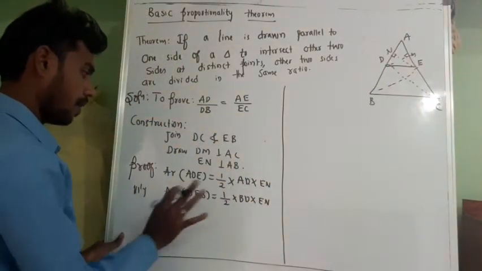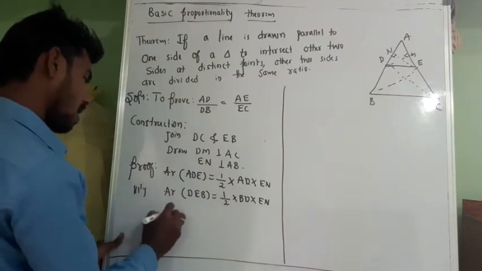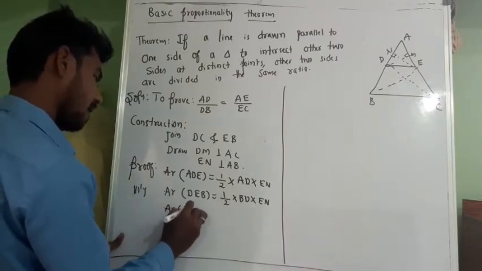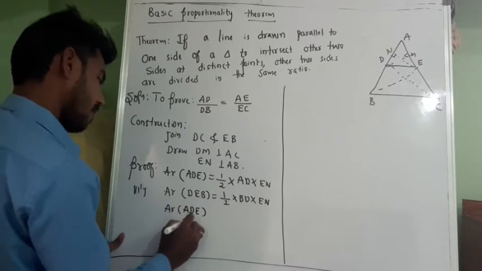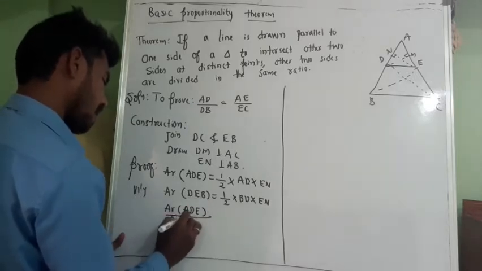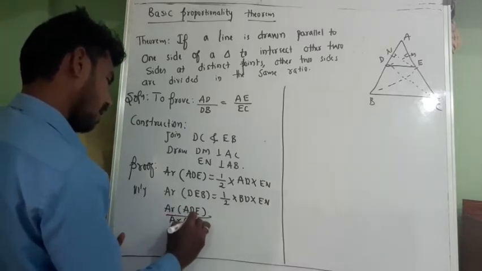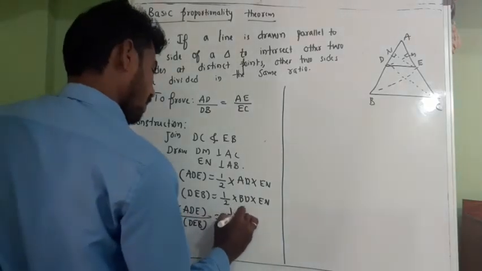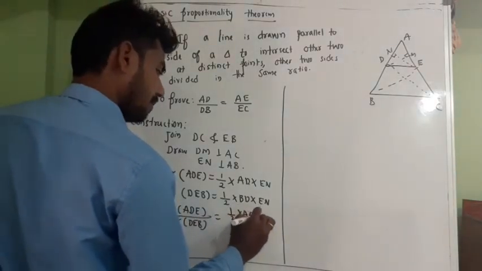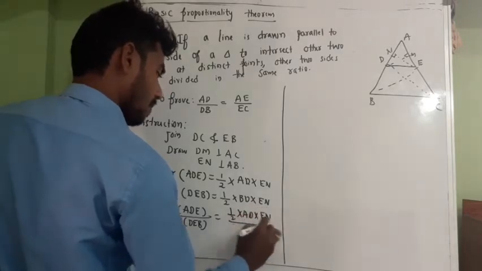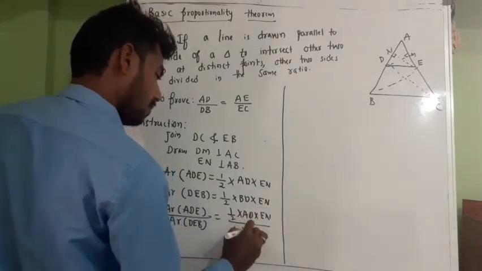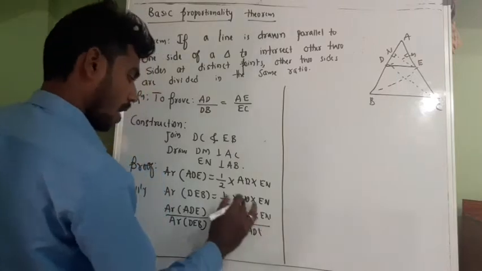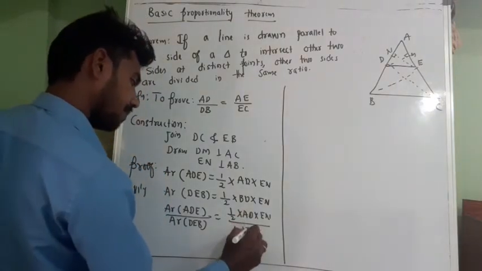Now, area of triangle ADE divided by area of triangle DEB is equal to half into AD into EN divided by half into BD into EN.